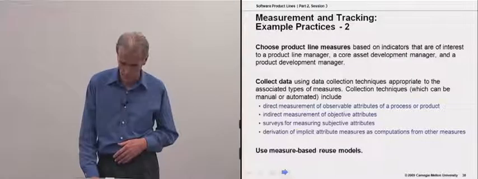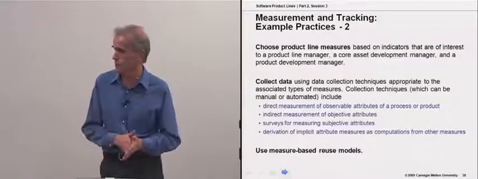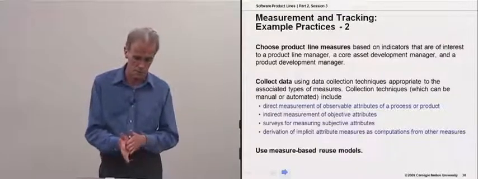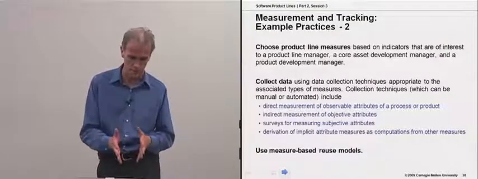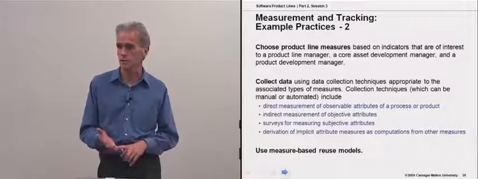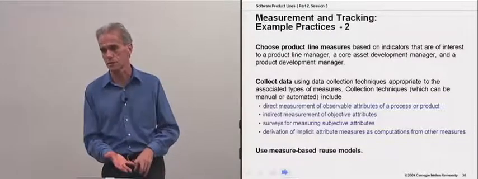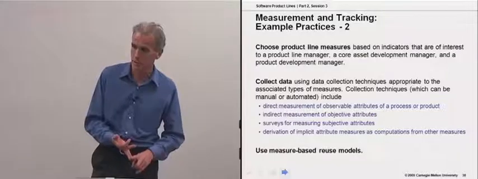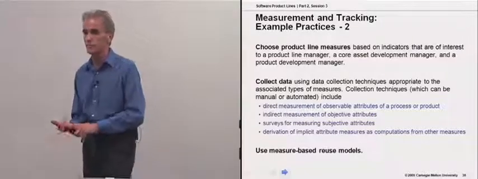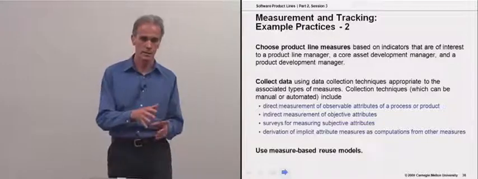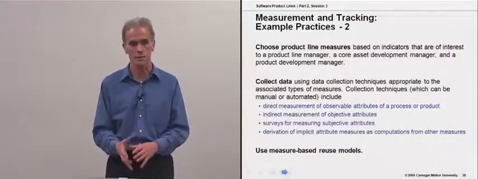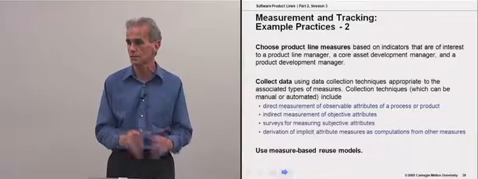There has also been some work done on measure-based reuse models in some of the earlier reuse work. Things like measuring the cost of developing for reuse and the cost of developing with reuse. And earlier I said how the cost of developing for reuse, making artifacts reusable, is anywhere from 2 to 3 times more expensive than just doing it as a one-off.